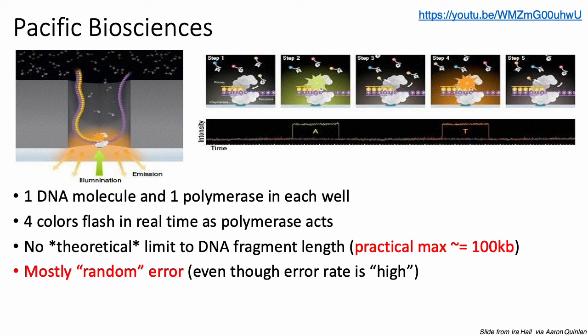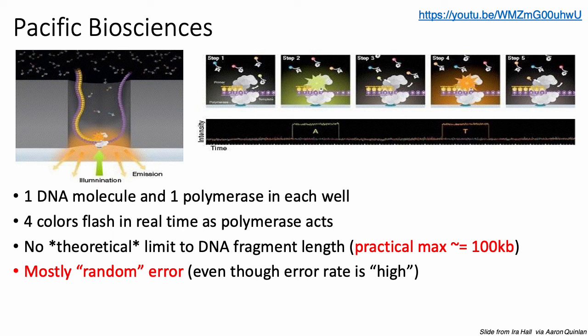And so some of the interesting aspects of the PacBio technology are that, number one, there's in some sense no theoretical limit to the length of the DNA fragment you can sequence, even though I think in practice you can't really go beyond 100 kb. Another interesting aspect is that even though the error rate is higher than Illumina, the errors are more random.